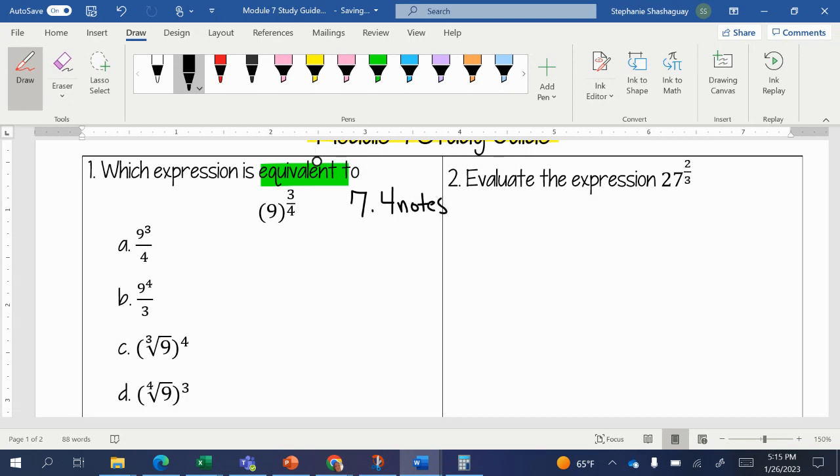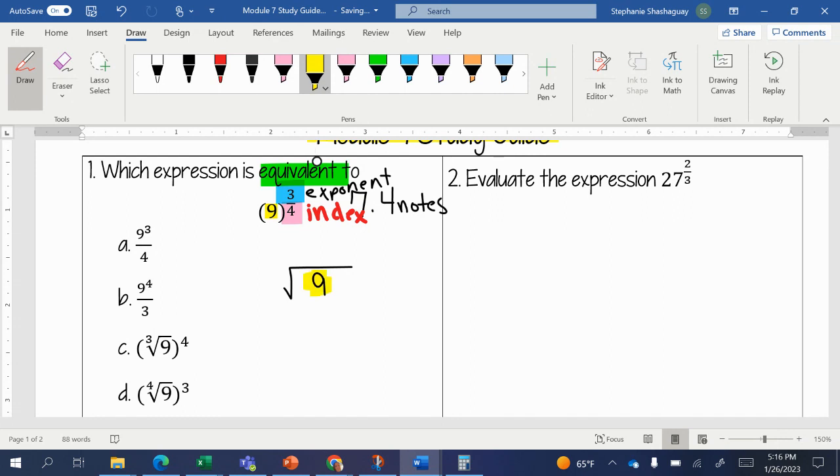So what we're doing is we're taking this rational exponent and rewriting it as a radical. So this number in our denominator, that's going to be our index or our root. And this number here in our numerator is our exponent. So when I go to rewrite this, I'm going to have my radical sign. I'm going to have my 9 underneath.